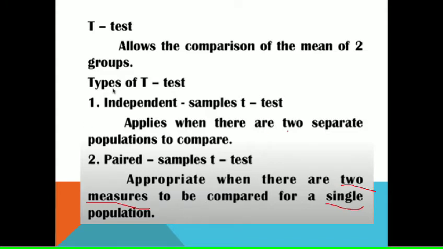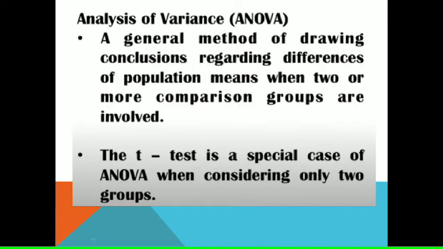Kini pod lahi, two separate populations to compare. So kay duha ka population or duha ka section ana. So analysis of variance or ANOVA: a general method of drawing conclusions regarding differences of population means when two or more comparison groups are involved. The t-test is a special case of ANOVA when considering only two groups.